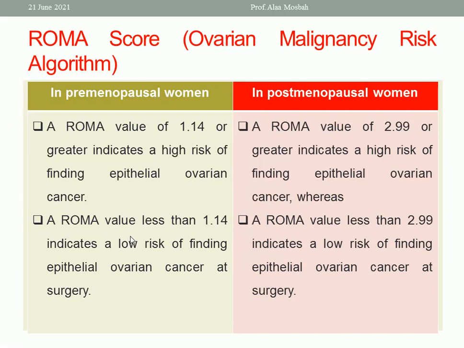This is for premenopause. What about postmenopause? A score of 2.99 or greater indicates a higher risk of finding epithelial ovarian cancer, while a score below this number, 2.99, indicates lower risk of finding epithelial ovarian cancer at surgery in postmenopausal women.